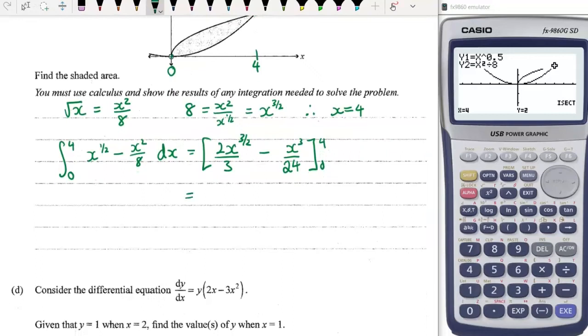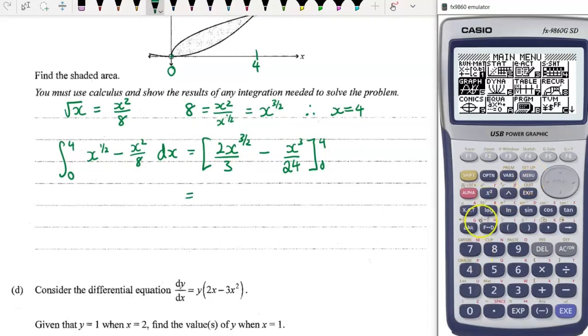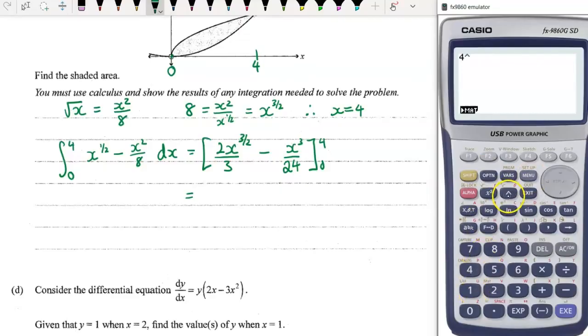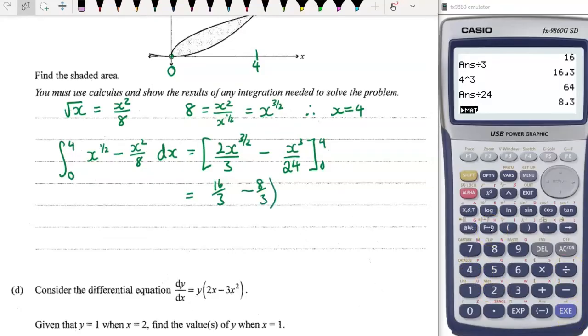So subbing in the values, 4 to the power, let's go back to our run menu. So 4 to the power of 3 over 2 times by 2, divide by 3, is going to be 16 over 3. 4 to the power of 3 is 64, divided by 24 is 8 over 3.